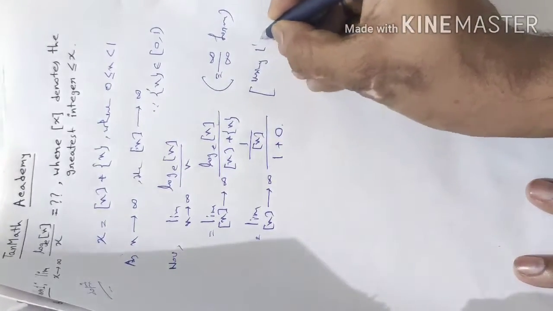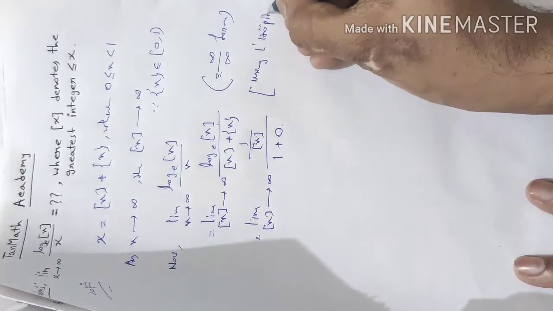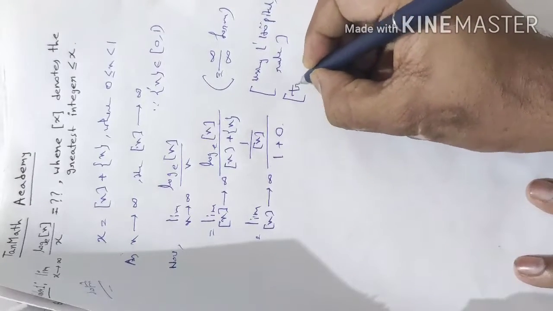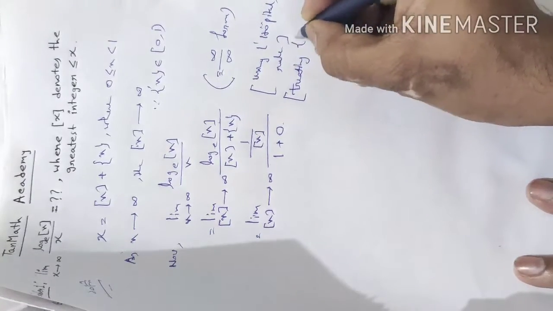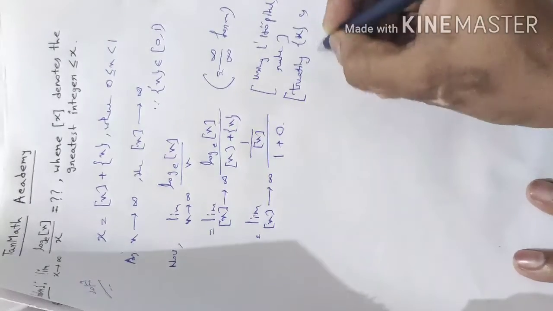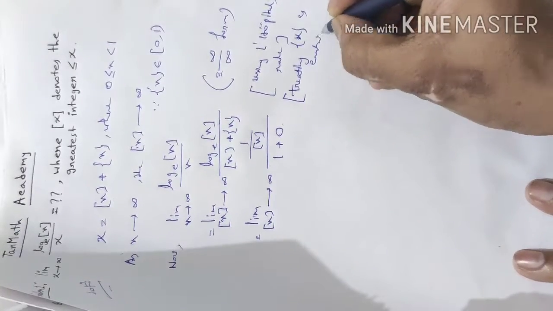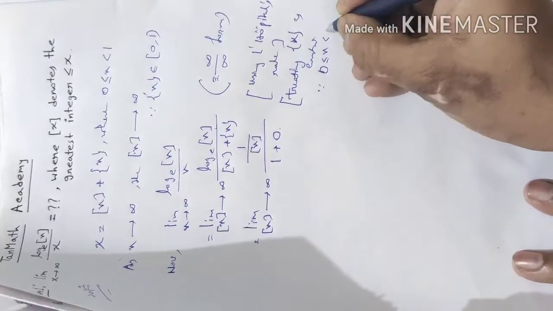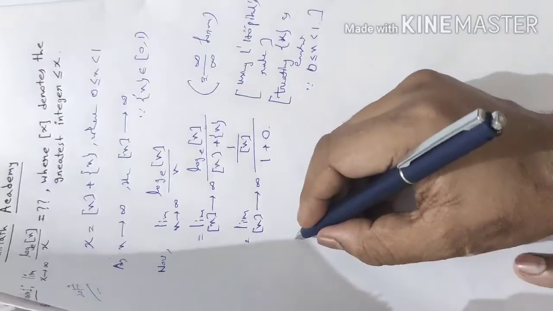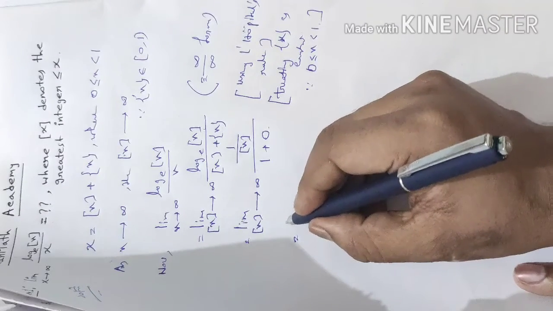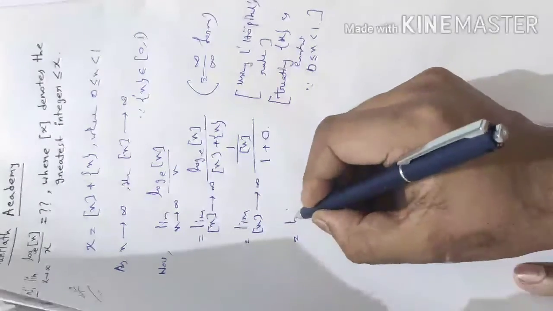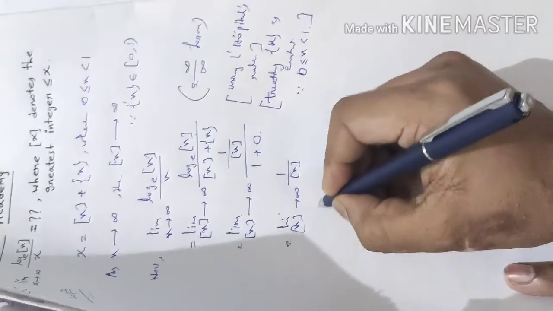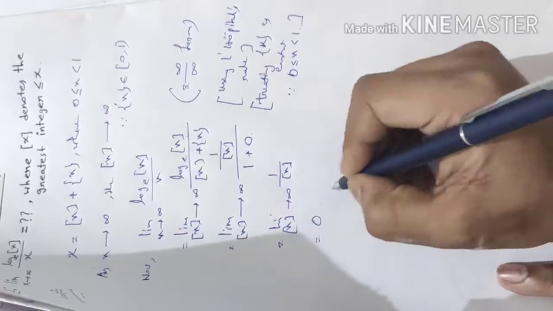Using L'Hopital's rule, treating it as a constant since it is between 0 and 1. Okay, so ultimately limit box x tending to infinity of 1 by box x is equal to 0.